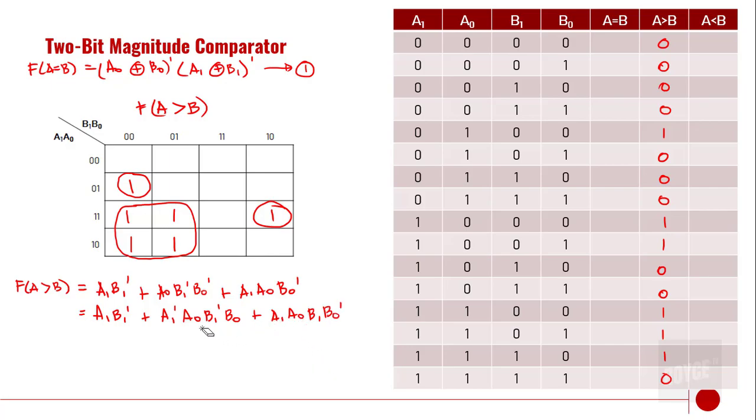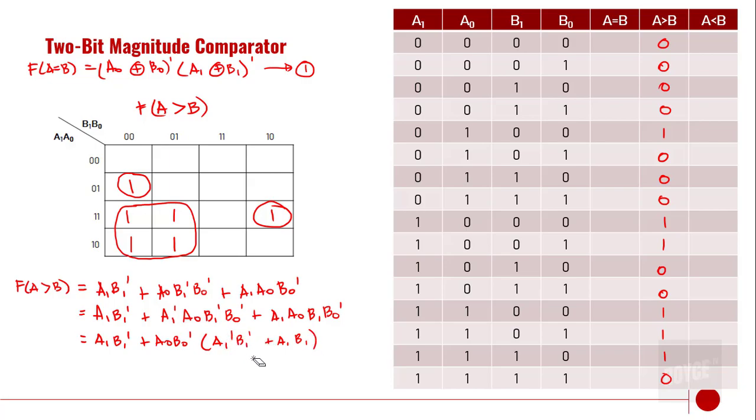Para pagka finactor out natin ng A0, B0 prime, ang matitira sa atin sa loob is A1 prime, B1 prime, and A1, B1. Diba? So, makukonvert natin siya into XNOR. So, sige, gawin natin. A1, B1 prime, and then factor out ko yung A0, B0 prime. Ang matitira is A1 prime, B1 prime, naka-OR sa A1, B1.